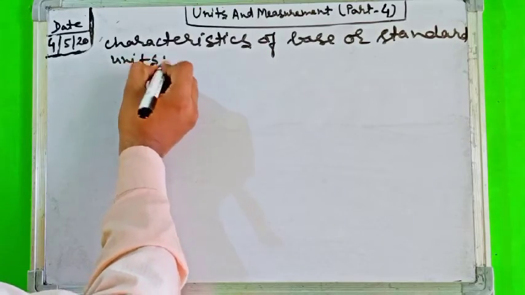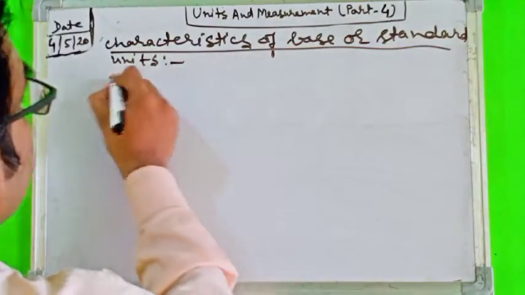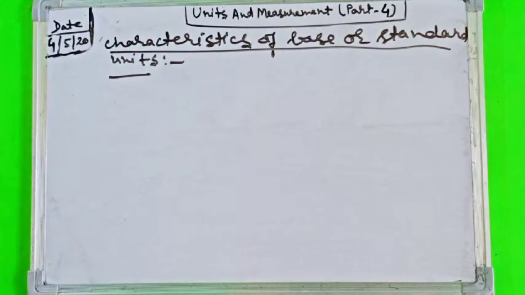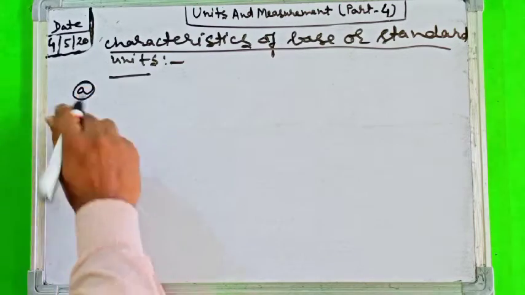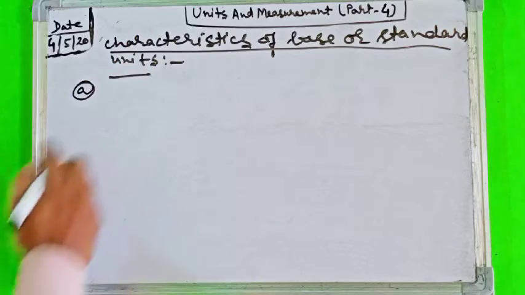Means what are the peculiar qualities preserved by a unit so that it is recalled as a base unit, a standard unit, absolute unit, or fundamental unit. So we will discuss. I am writing the points and explaining after that.